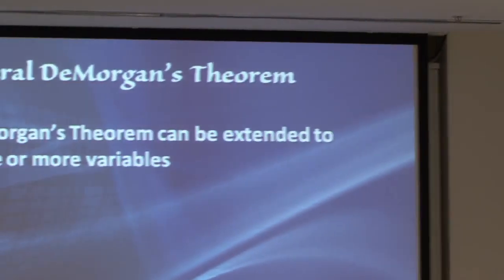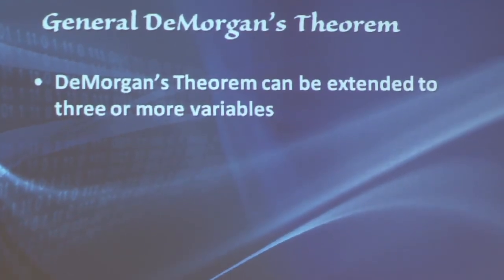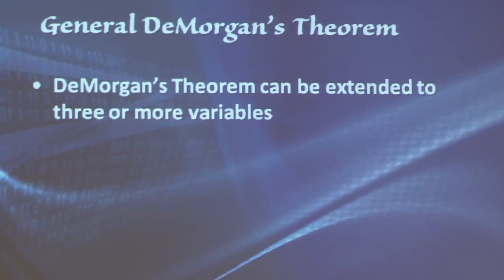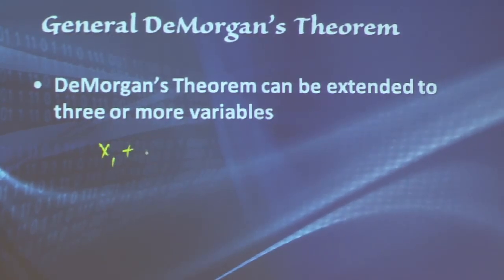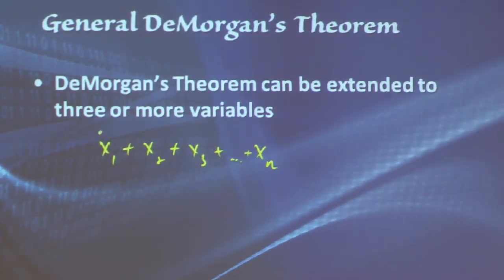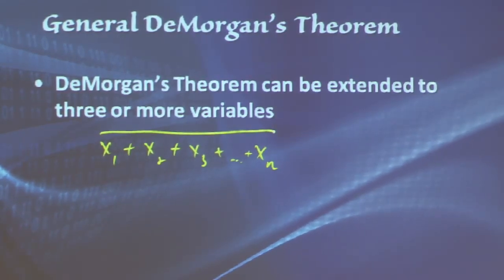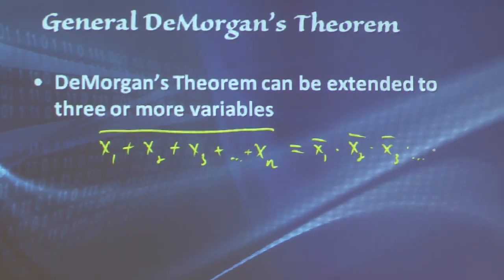Speaking of De Morgan's theorem, it doesn't necessarily have to be with 2 variables. We can extend De Morgan's theorem to be 3 or more variables. In fact, you can have as many variables as you wish. For example, if we had x1 or x2 or x3 or as many x's as we want, xn, and we complemented this, it'll be the very same as not x1 and not x2 and not x3 and not xn.